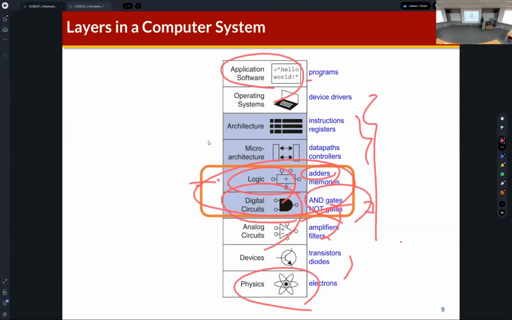We just focus on two layers. If we perform research on computer systems, we just focus on one or two layers, and we don't need to understand the detailed, difficult knowledge or theories of the other layers.